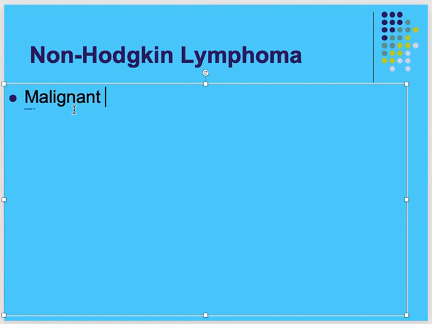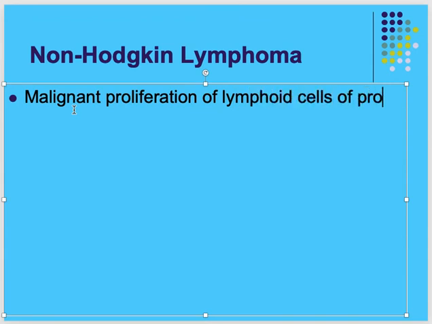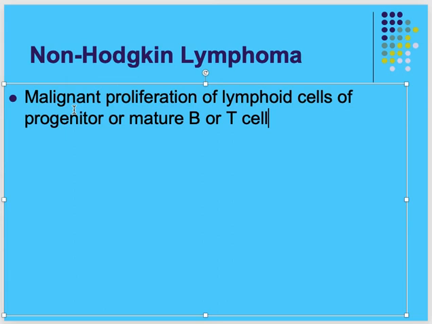This is also a malignant proliferation of lymphoid cells of progenitor or mature B or T cells.